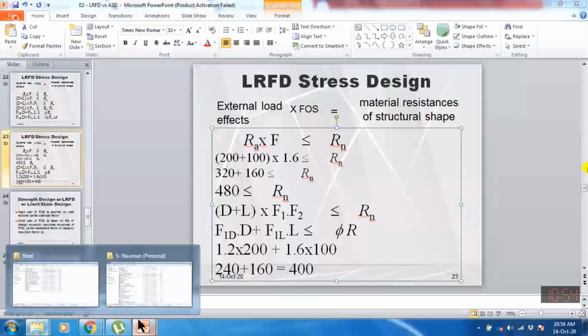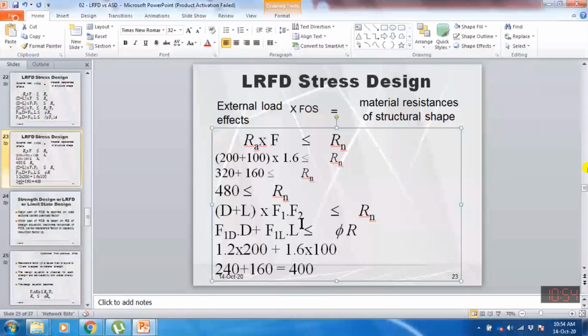If I increase this load by 80, this load may be 480. If I'm increasing this load by 80, this load will be 560. It means that ASD is always over design. Over design means conservative. I'm using the higher load value. It means that it cannot be compared because I'm using different factors of safety with different loads.